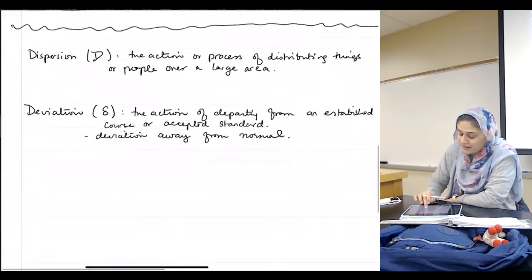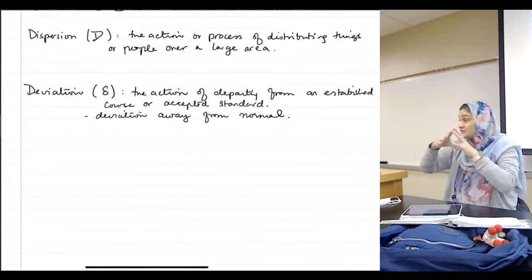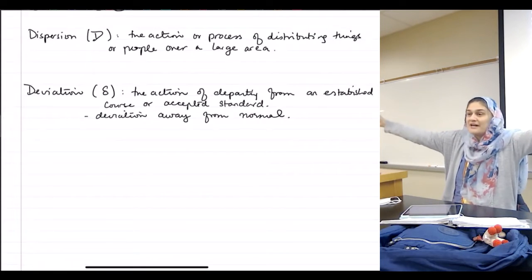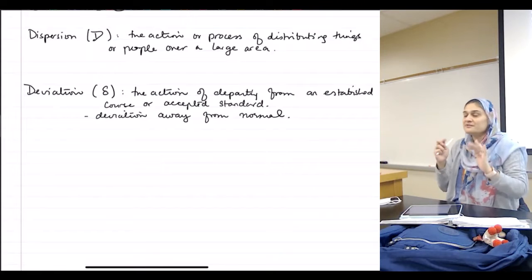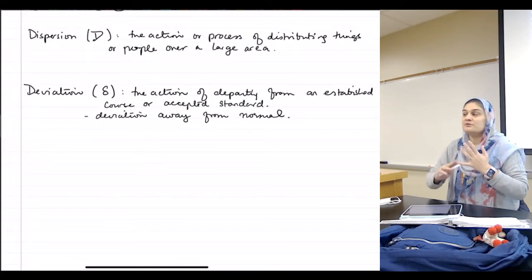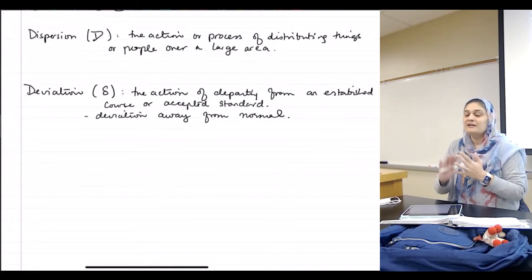Let's define them now for physics. Deviation is deviation away from the normal. Dispersion is spreading things out. So once we have these things in our heads, now let's talk about the relationship between N and D and delta.